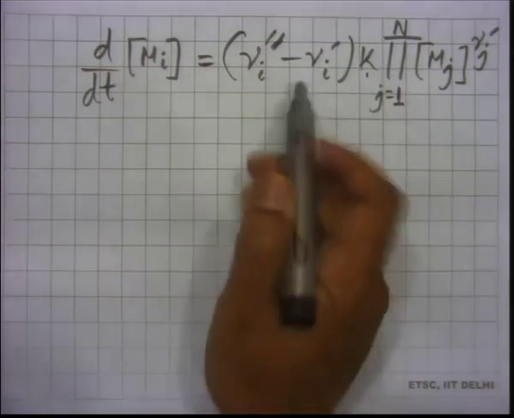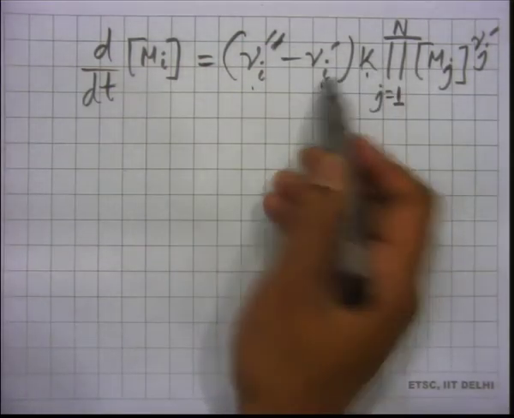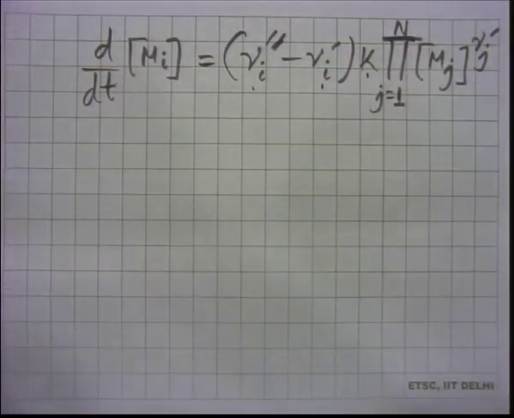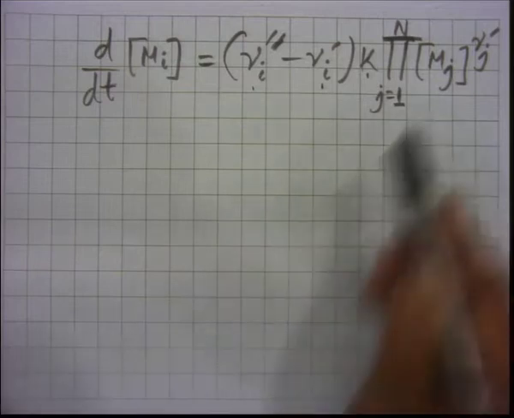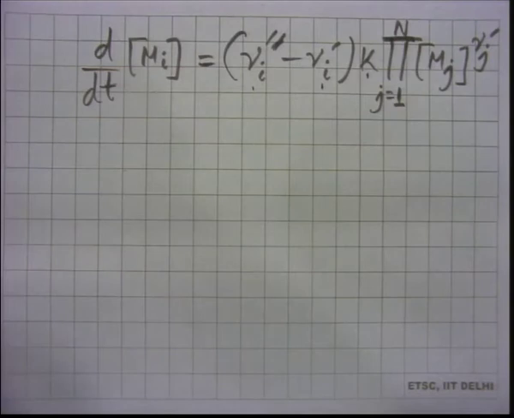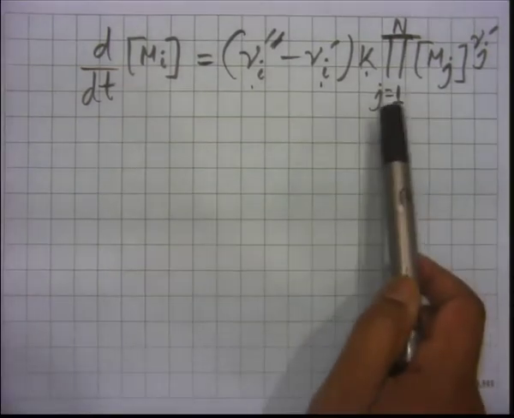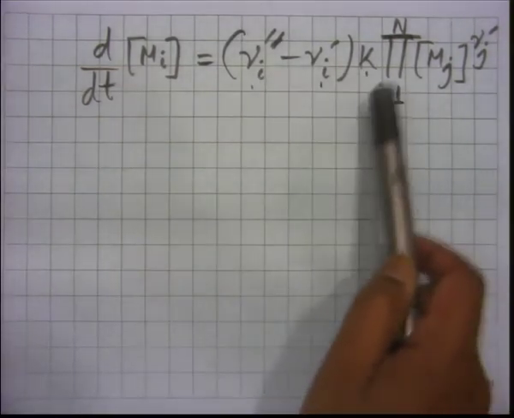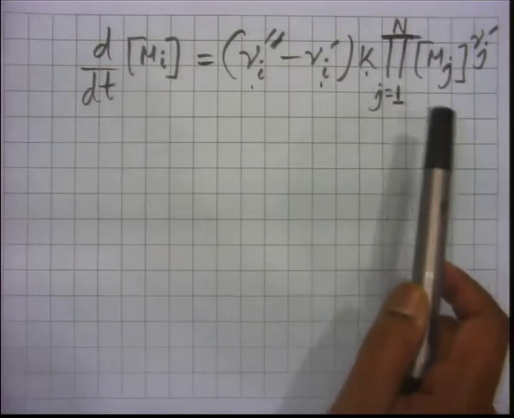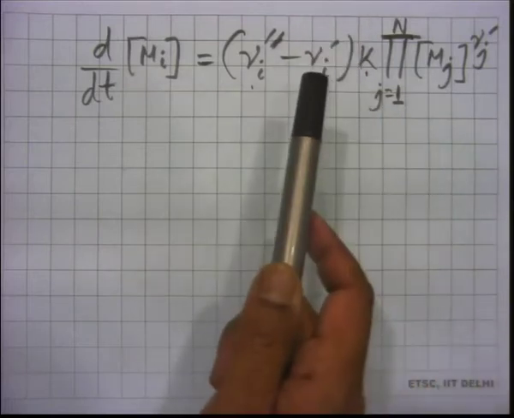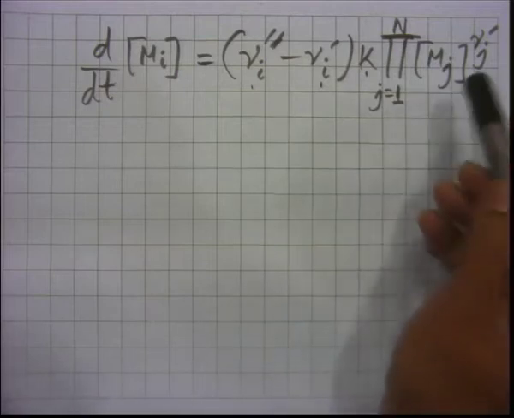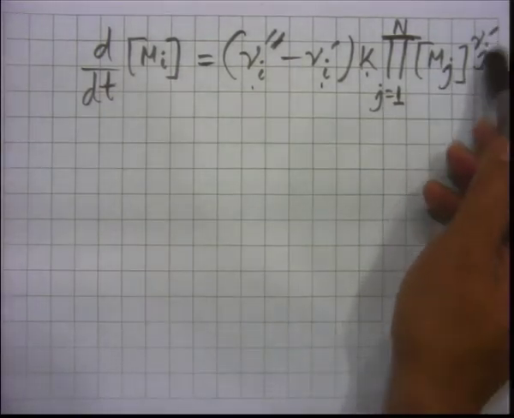I told you about nu i double prime, I told you about nu i prime. What is this notation? This is product, this is capital pi sort of, that is equal to j to n, and this is mj, mj again those species, but for this product we are using not the notation i, but we are using a j, but j will again run through all numbers 1 to n, like if you have 4 species j will go from 1 to 4, and then this is mj to the power nu j prime.